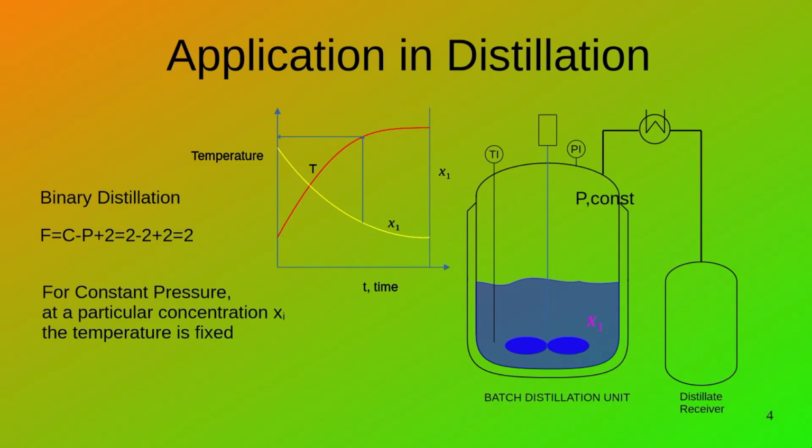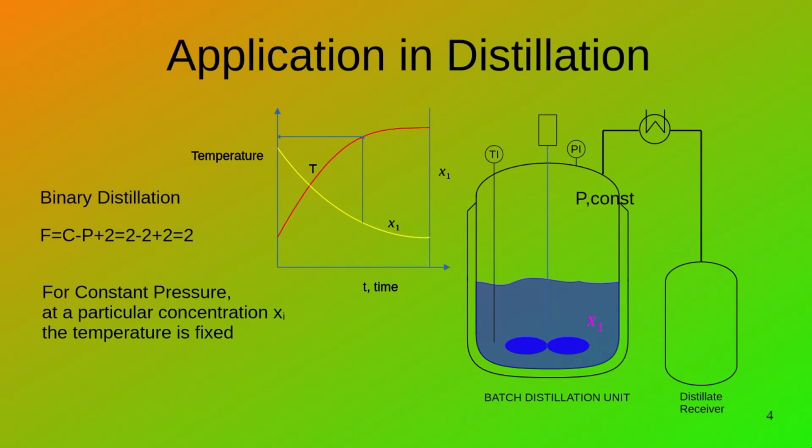Now, when we reach the desired concentration in the still, the desired temperature is also reached. So, if the desired temperature in the still is reached and known, we can stop the distillation.